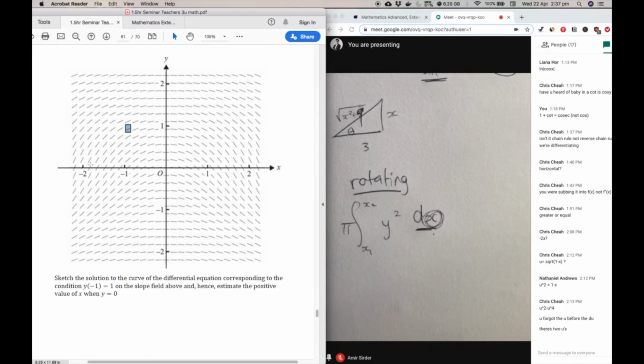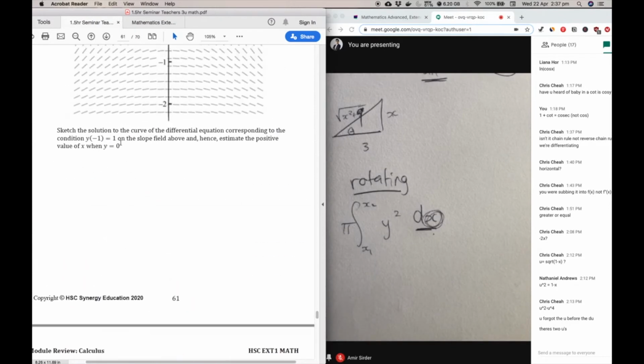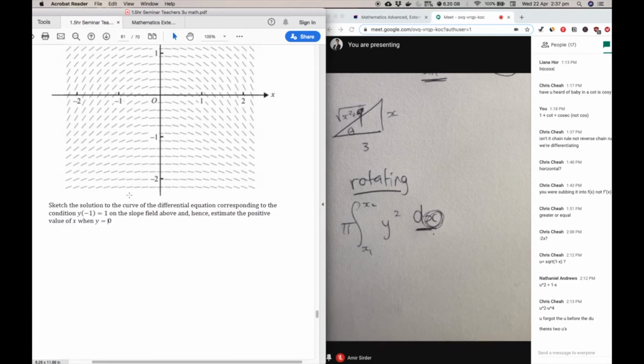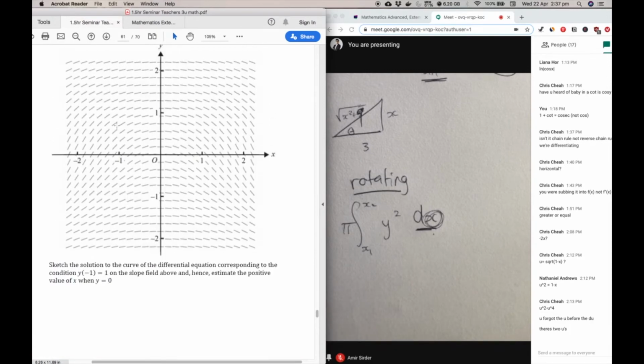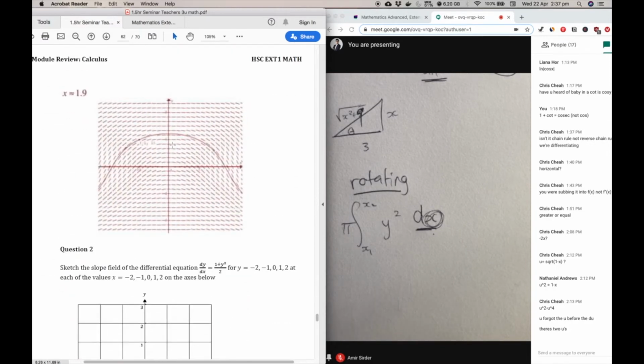You can see it's going to curve up like this, flatten out, and then curve down like that. So you can actually see that solution there. Then it also asks you to estimate the y-intercept. So you can give an estimation of the y-intercept, and it looks like it goes through this one at 0.9, or 1.9.